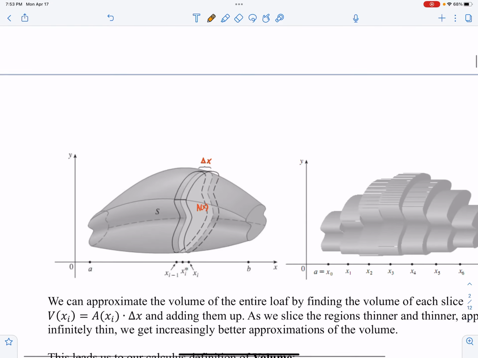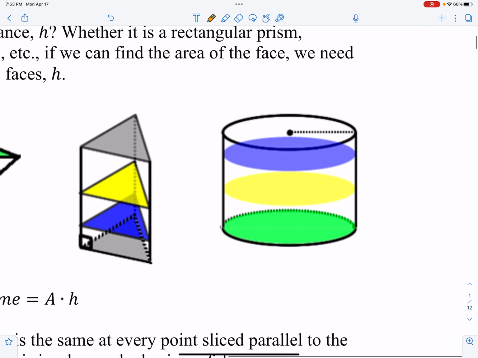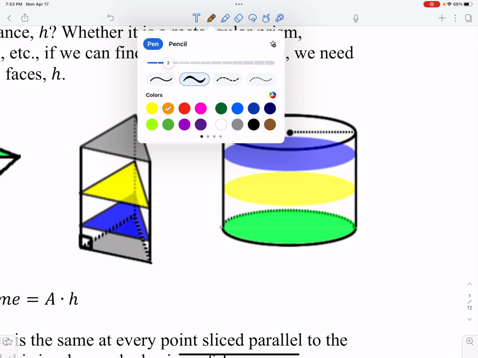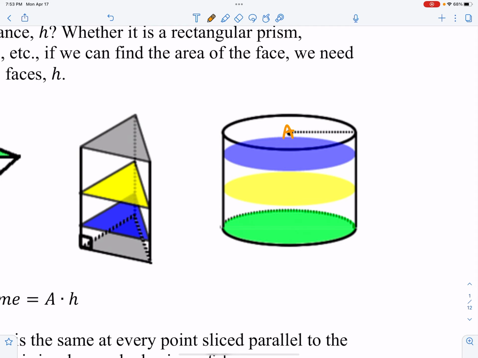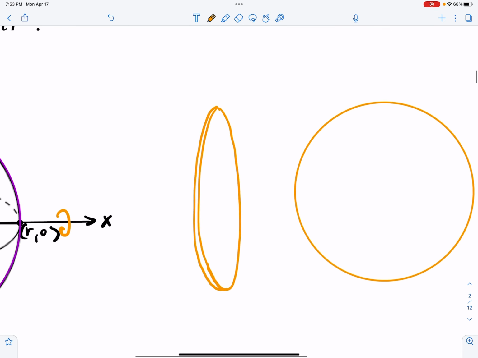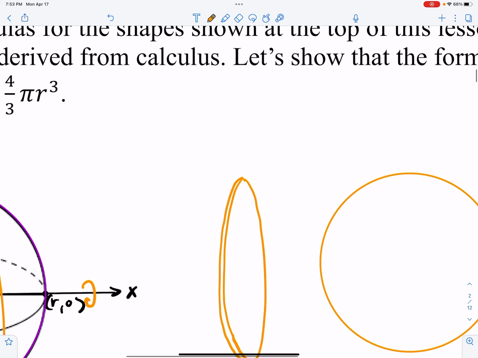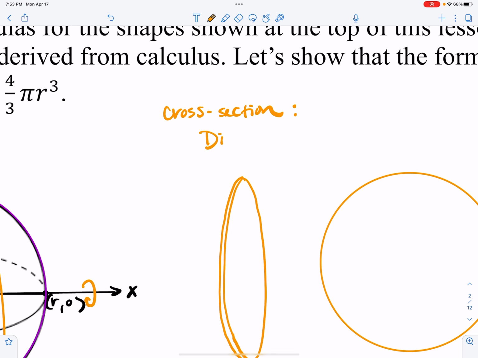Now going back up here, we do have a cylinder, right, a circular prism. And to find the volume of a circular prism, we take the area of the faces and multiply by the height. So if we were to think about finding the volume of one of these slices, which we refer to as the cross section, and this cross section we refer to as a disk.